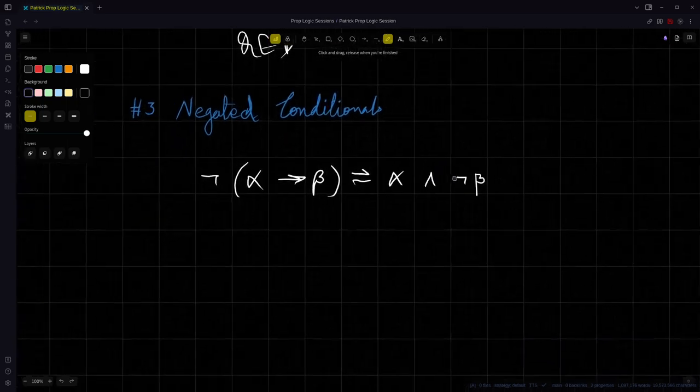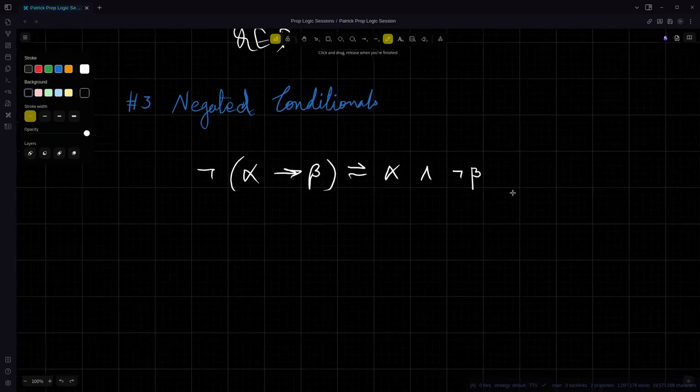So this is an easy proof. It's very straightforward. For an implication, you can just apply material implication and get not alpha or beta, and then you can just do a De Morgan's, and what you'll get is alpha and not beta.